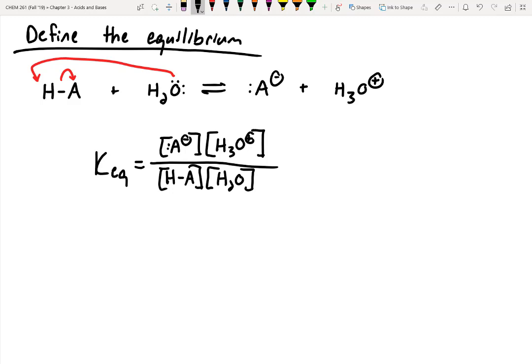All right? So we can look at this water concentration. The water concentration when we're looking at acid-base chemistry is really going to be constant. So what they often do is say, all right, let's multiply both sides times the concentration of water to get rid of that unit. So if we multiply by the concentration of water, it's got to show up on the left-hand side, and then it's going to disappear from the right-hand side.